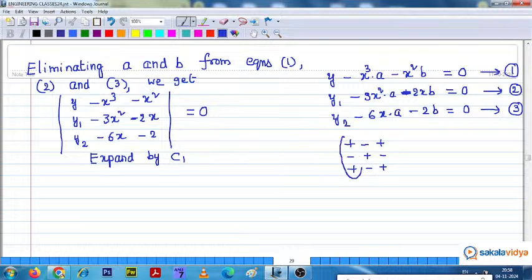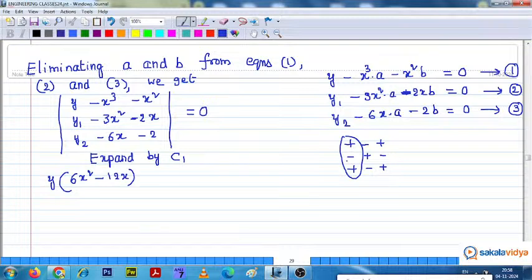So y into the determinant after eliminating the first row and first column: negative 3x square into negative 2 is 6x square, and negative 6x into negative 2x is 12x square, so 6x square minus 12x square.